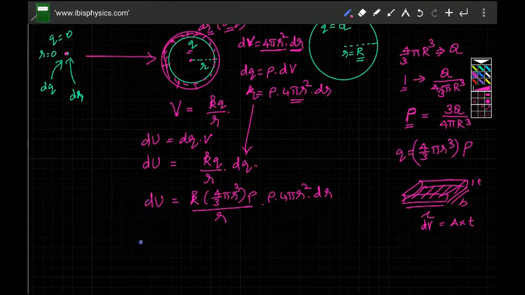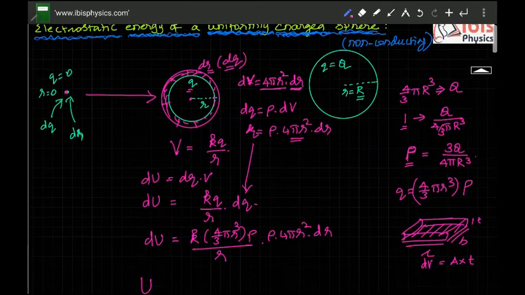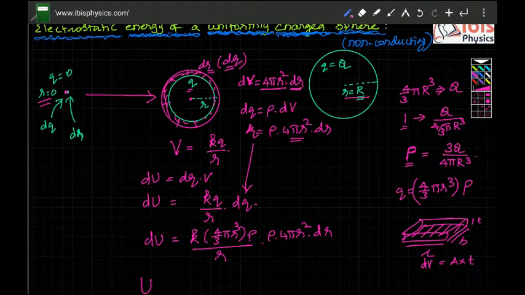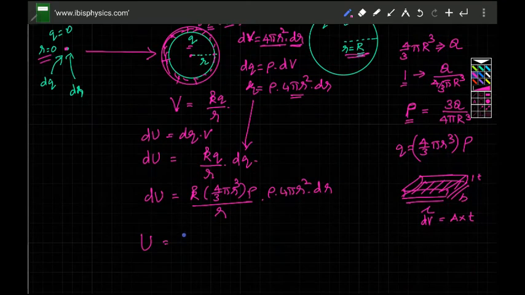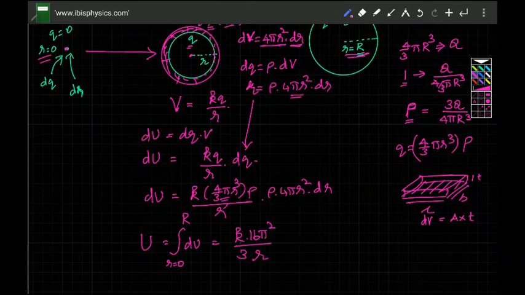Then the total energy spent in going from r equal to 0 to r equal to R is the integral of dU taken from r equal to 0 to r equal to R. So k into 4 pi into 4 pi, that is 16 pi square. Then 4 pi and 3 r is here, but this r cancels out with this r, which leaves 1.